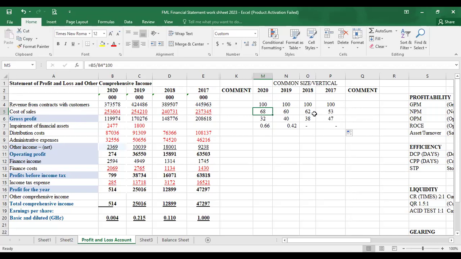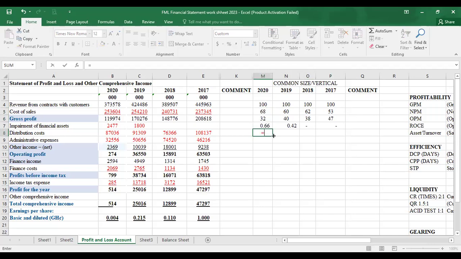Then it increased to a bad situation, came down slightly, and then it has gone up. But with the percentage taking more than 50% of your revenue, we will see it to be bad. And because it is bad, that is what is accounting for our low gross profit. Because when you take the 68%, it is 32% that will be left for you as your gross profit.